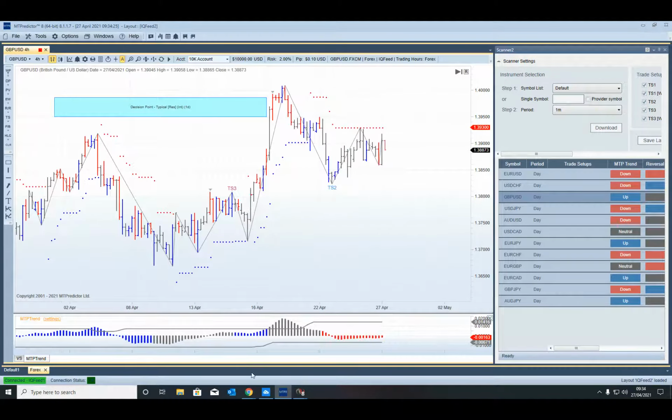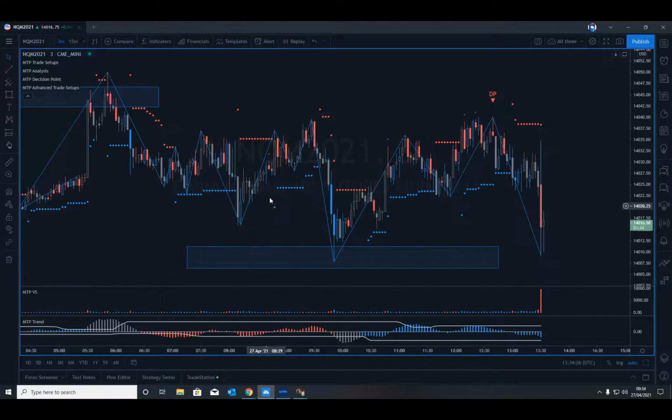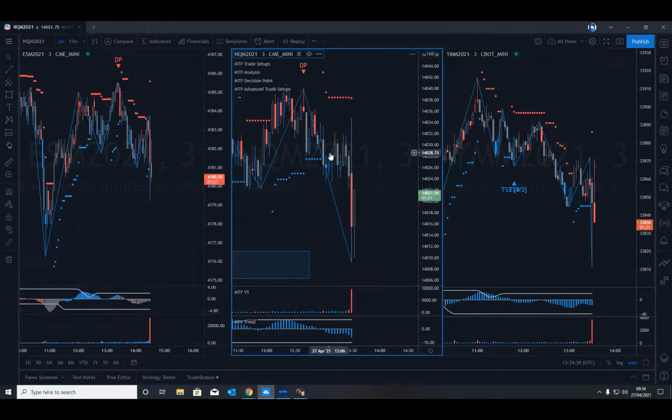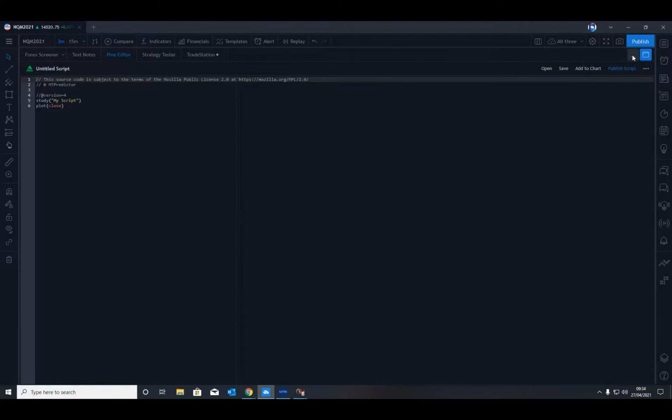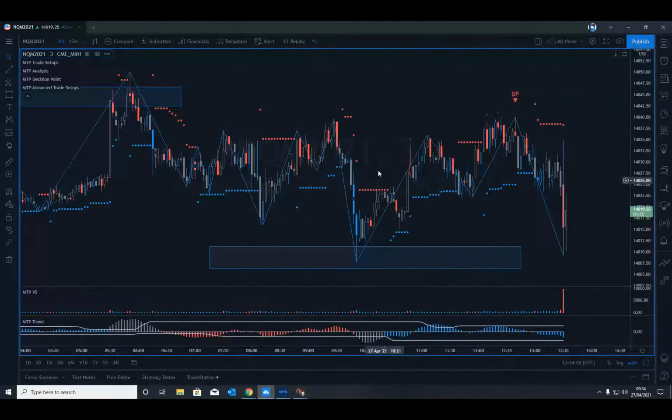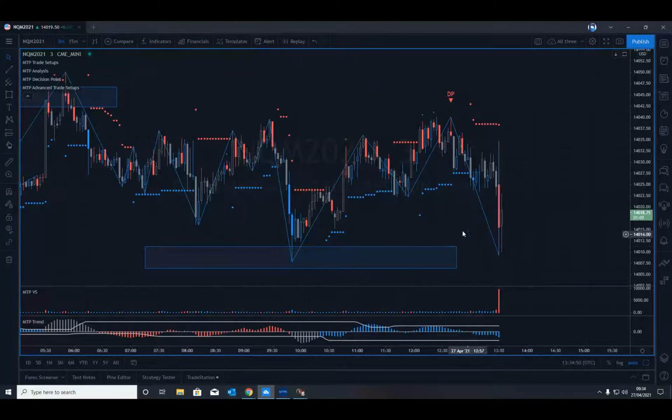All right, let's go back and have a quick look and see what the market's doing at the moment. So I'm going to go back to TradingView here and see what the market's doing. They just seem to be going down a bit at the moment here on the NQ. Sorry about that, I keep hitting the wrong box. So here the market started to go back down again, so it hasn't gone up and reached that next resistance level. So we're a bit in no man's land at the moment, with not a lot going on.